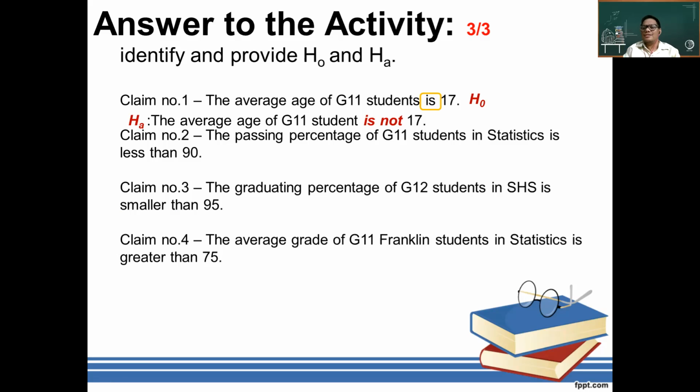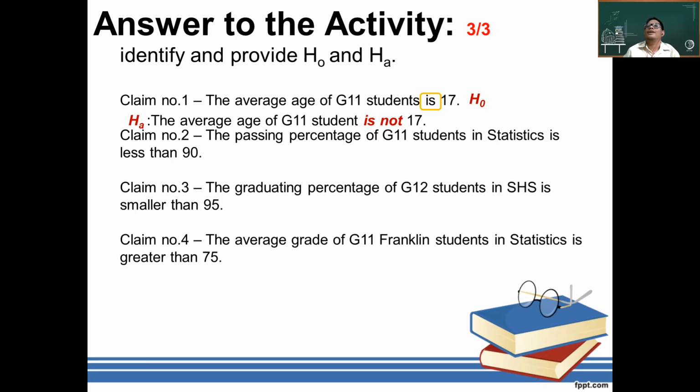So in these two hypotheses, or hypothetical predictions or claims, one is correct and one is wrong. If you want to study this further, you will make a survey of all the grade 11 students, get all their ages, and compute the average.